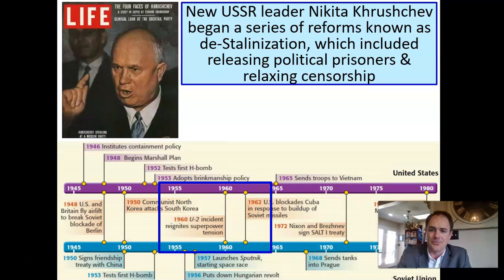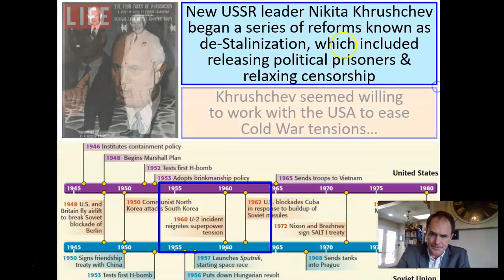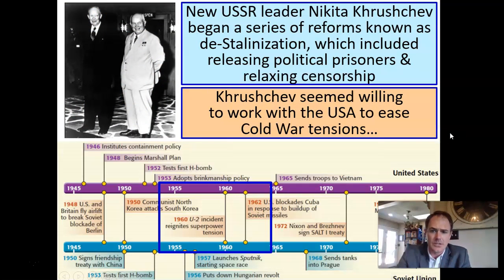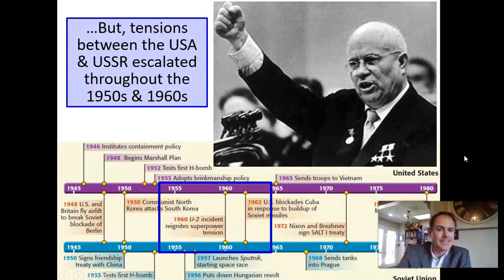There's just this culture of fear and leader worship in the Soviet Union under Stalin's time that begins to relax under Khrushchev, and he seemed willing to work with the U.S. to ease Cold War tensions. You see him here with the U.S. President Dwight D. Eisenhower. However, the tensions did escalate throughout the 50s and the 60s for reasons let's get into.